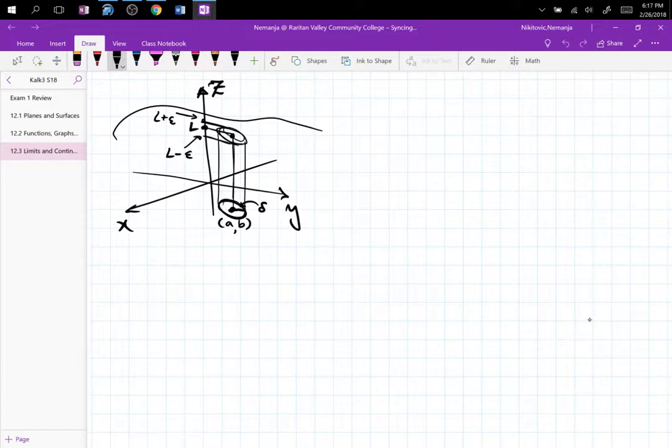So let's first put, I almost forgot, the rules of limits for 3D are the same as the rules for limits in 2D from Calc 1. So, limit laws.